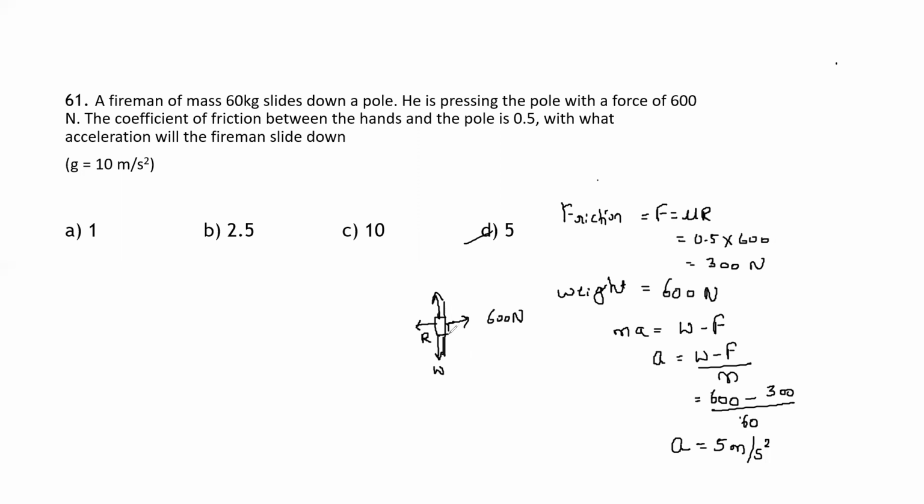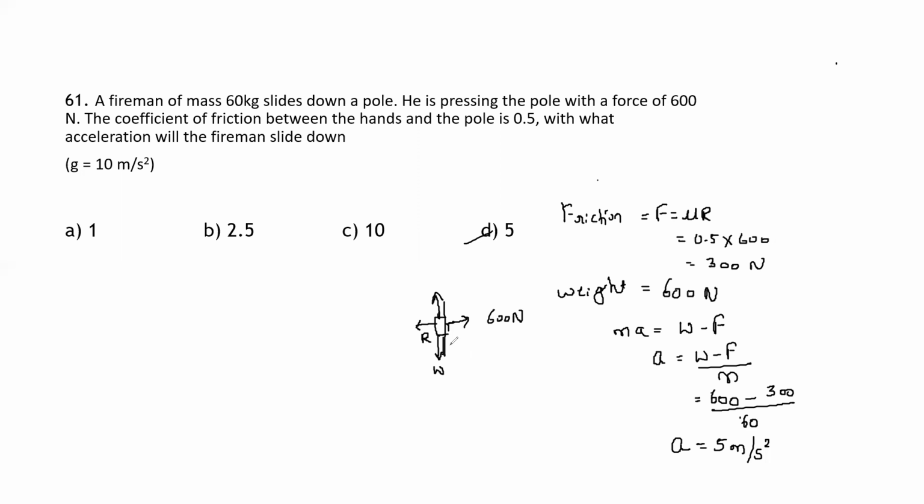So the pole is there, and he is pressing the pole with 600 Newton force. So this is the normal reaction. We need to calculate with what acceleration he is moving. The answer is option D, 5 meter per second square.